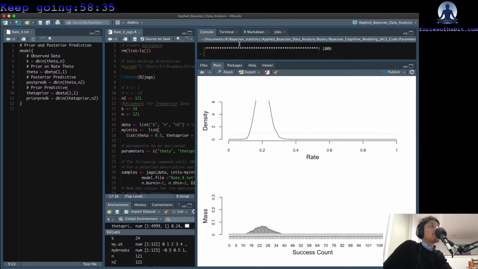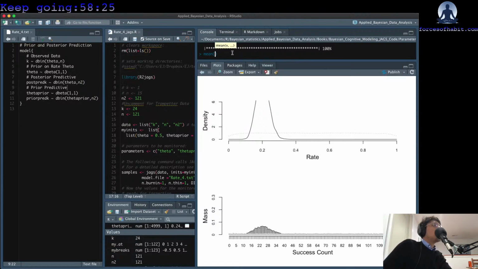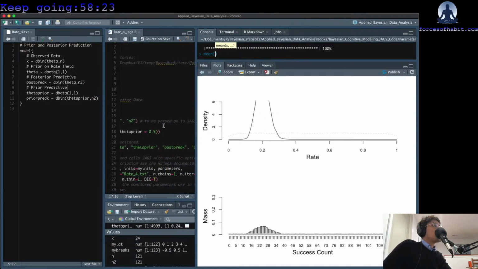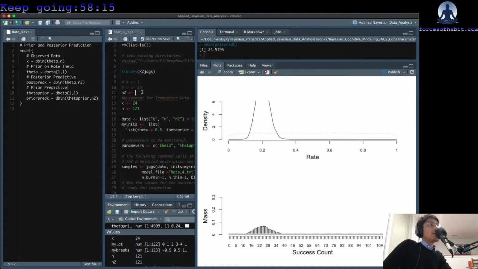So if we look at the mean post-predictive, right? Mean post-predictive gives us 24. And then say I increase this to 500.